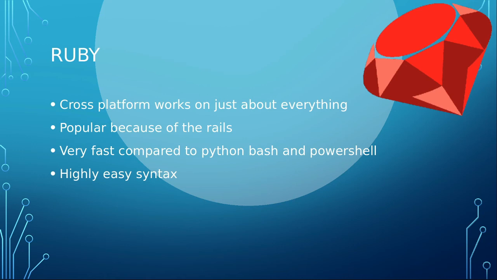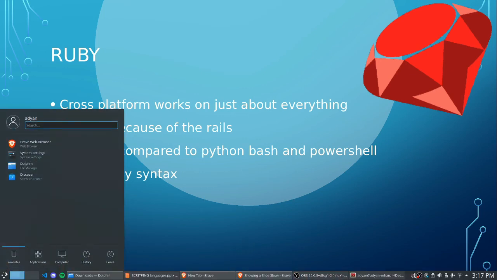The reason this language got popular is because of its Rails framework, which was used for backend development, and it's a very powerful language. It's very fast, and it's the fastest of all four. I could even show you examples.